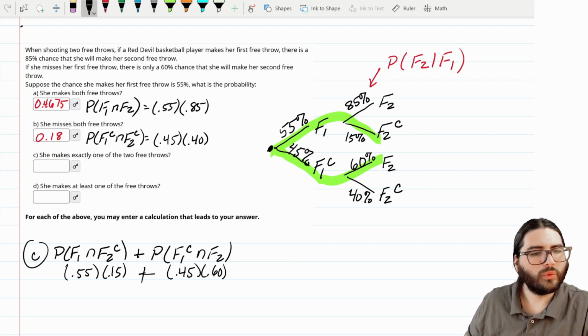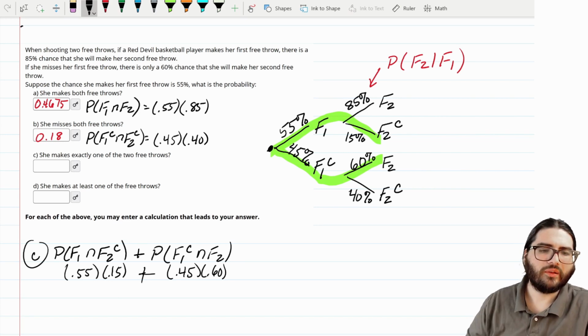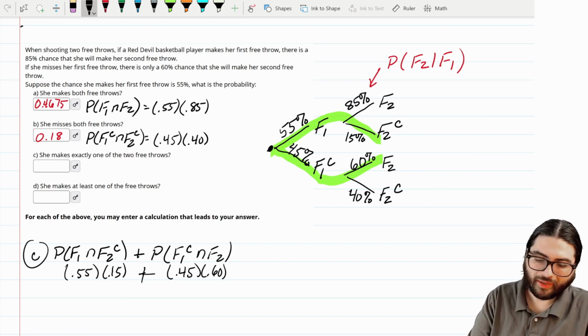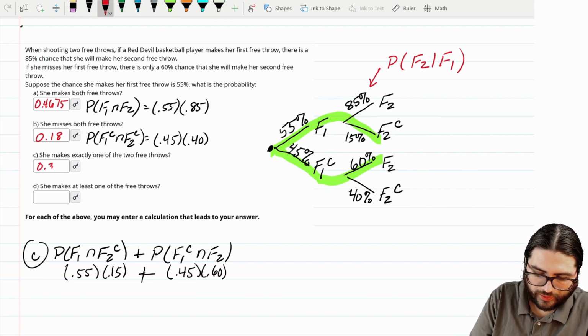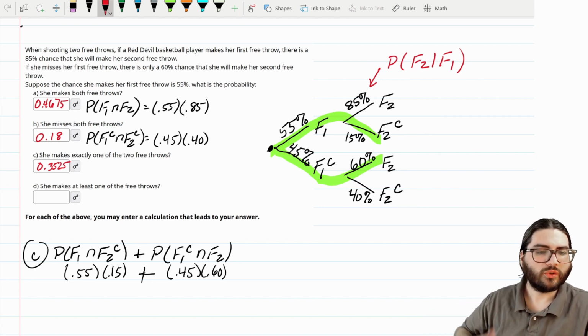Probability has to be somewhere between 0 and 1. And so I knew right away that my answer was wrong. Going back and doing this properly in my calculator told me 0.3525. The correct probability. It's about a 1 out of 3 chance. A 1 out of 3 chance would be 0.3 repeating. So it's about 1 out of 3.